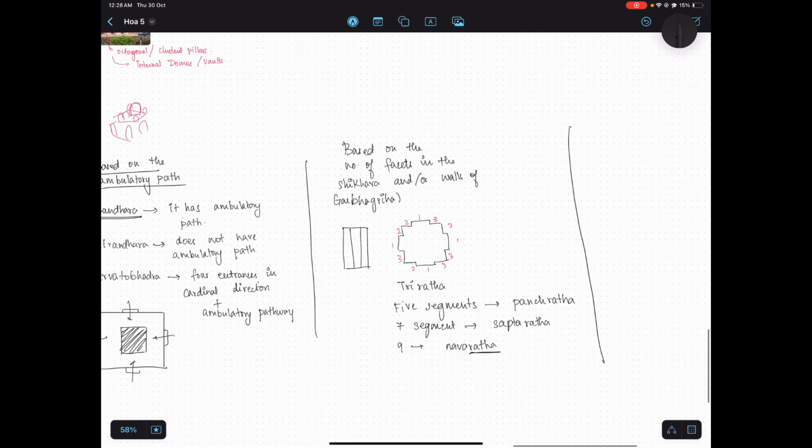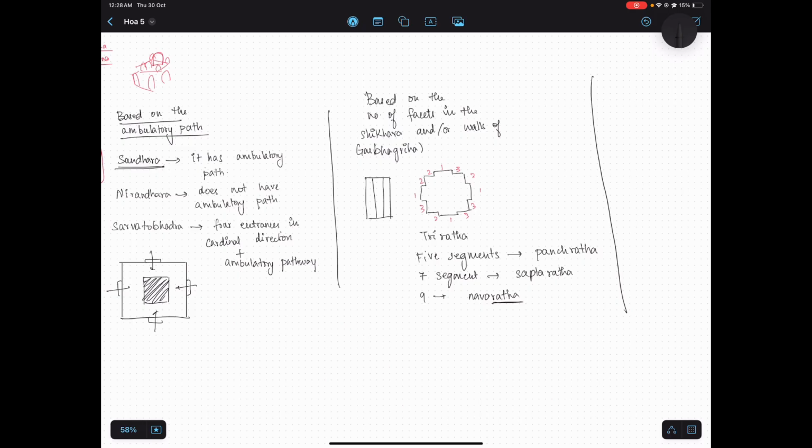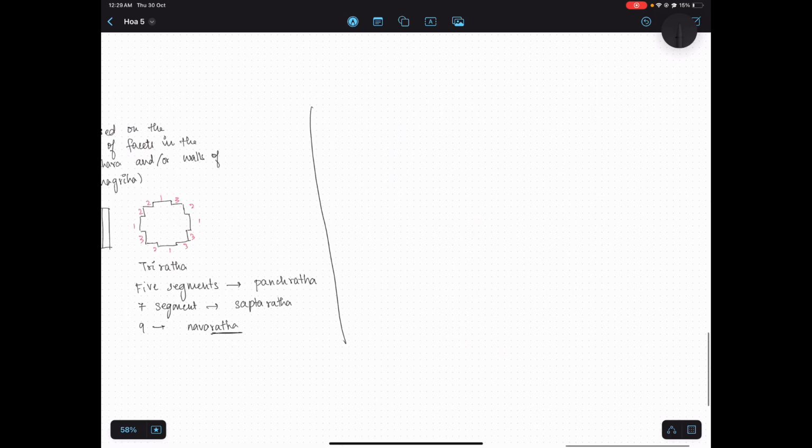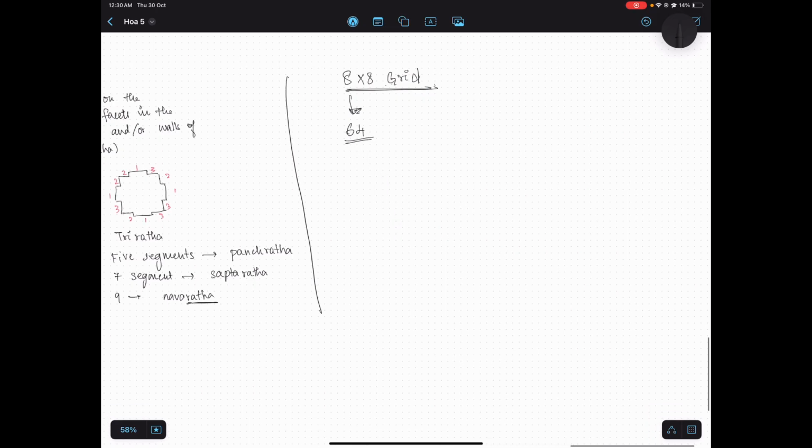Okay, we've talked about Ratha, we have also talked about the ambulatory passage. There is one more thing that I want to talk about, which is the grid. Most of the temple styles, planning are done on an 8x8 grid, which is 64, and this 8x8 grid is called Manduka.